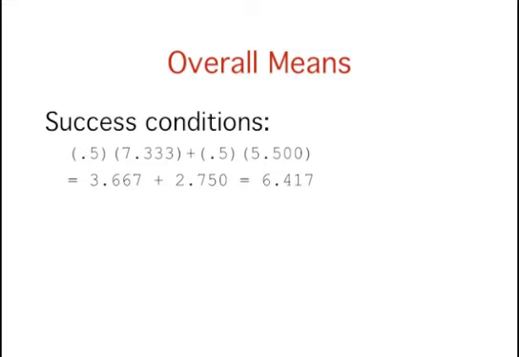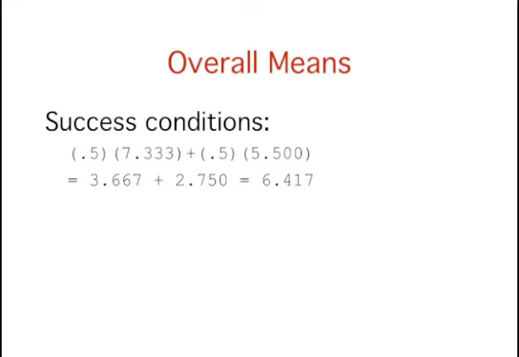The first step is to express this difference in terms of a linear combination of a set of coefficients and the means. This may sound complex, but it is really pretty easy. We can compute the mean of the success conditions by multiplying the means for the high and low self-esteem subjects by 0.5 and then adding together these numbers.